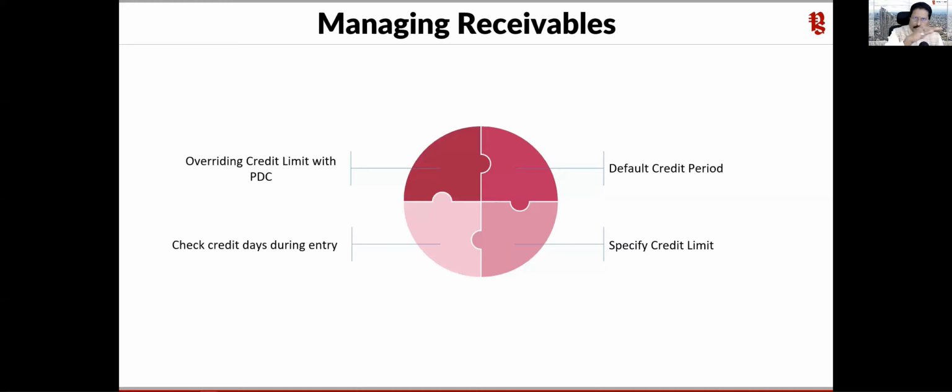Tally will find that 1.5 lakh rupees was outstanding, and you have received a PDC check of 1.5 lakh rupees, which means literally there is nil outstanding. So Tally will allow you to invoice up to 2 lakh rupees, which is your credit limit. So these are four very important configurations.